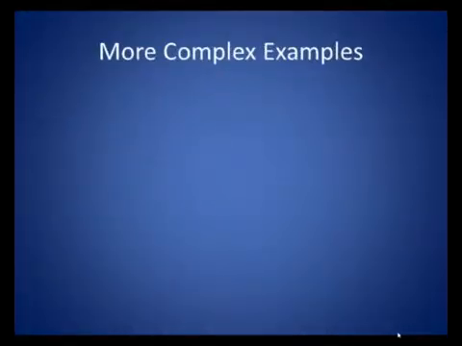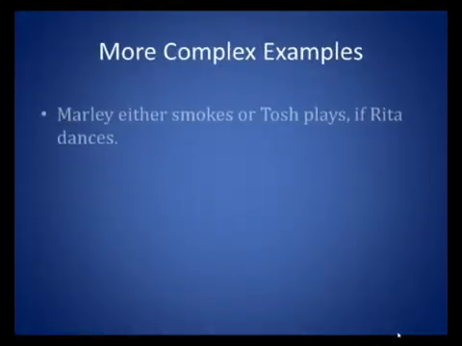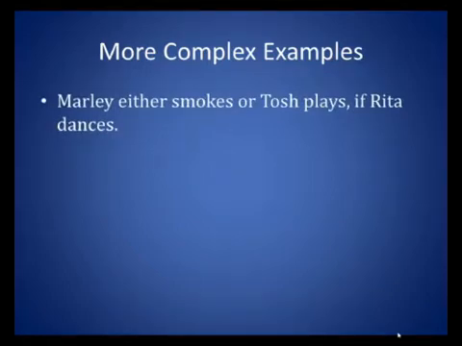Let's look at some more complex examples. Marley either smokes or Tosh plays if Rita dances. Now there's a couple things going on in this particular statement. One, we see that we have a disjunctive statement going on in the first half. And the second half, we have Rita dances, but it follows the word if.